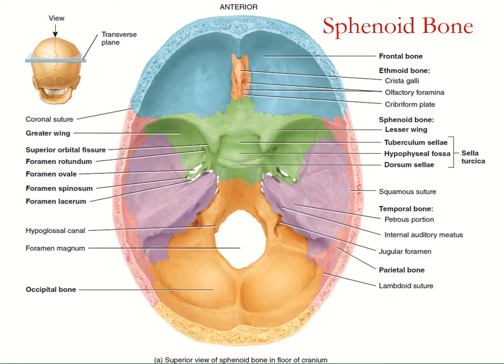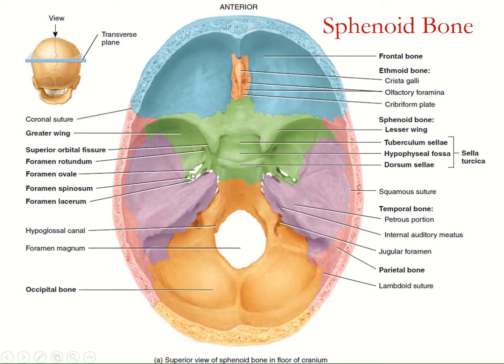So this is a superior view of the sphenoid bone in the floor of the cranium. And we'd be able to appreciate the sphenoid bone over here and be able to see that in these different structures, the occipital, sphenoid, we have different bones that have different foramen.